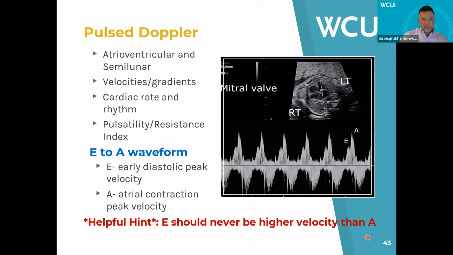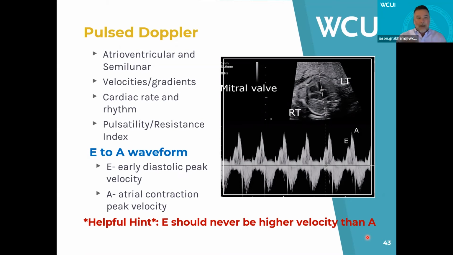All right, so pulse wave Doppler, we can assess the inflows and outflows with pulse wave, the cardiac rate and rhythm. The nice thing about pulse Doppler is, color Doppler is great because we can see things and qualitatively assess things.